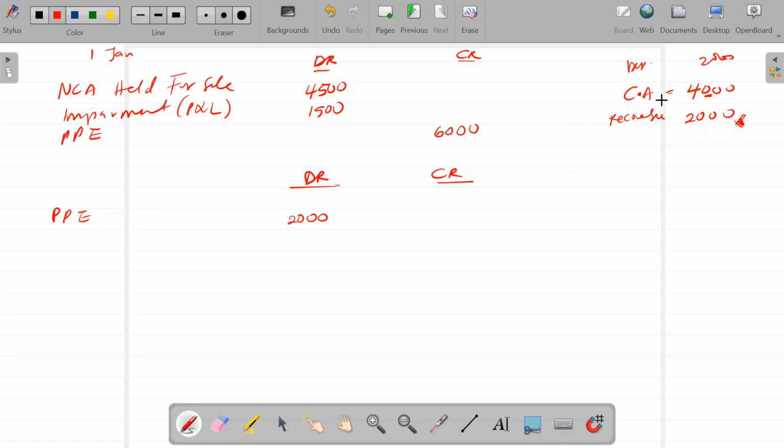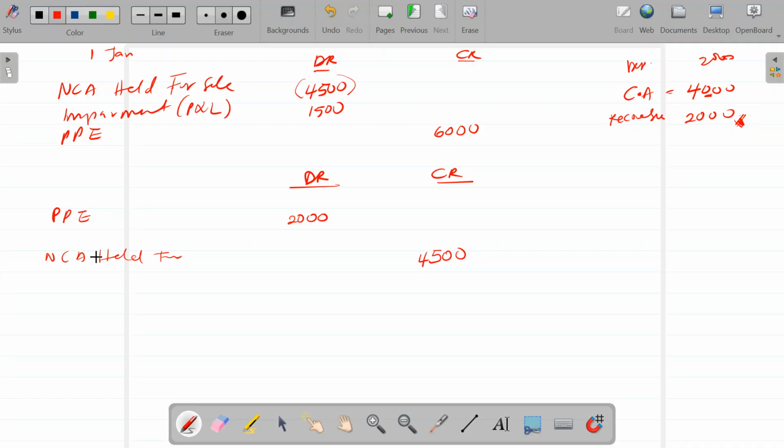Then we have to derecognize the held for sale, this one. We have to take it out. So non-current assets held for sale is 4,500. We have to make sure it balances.